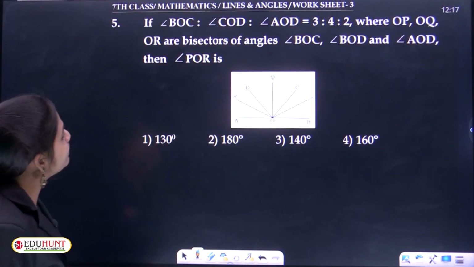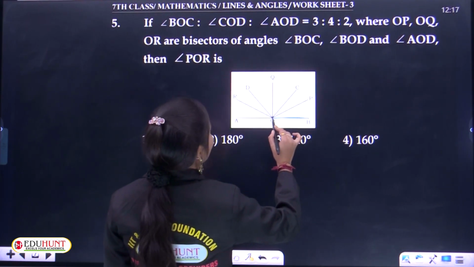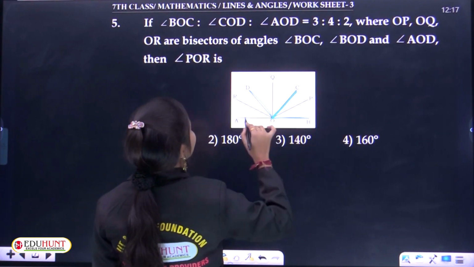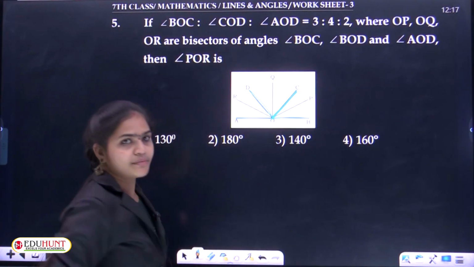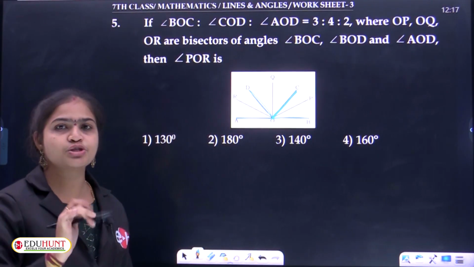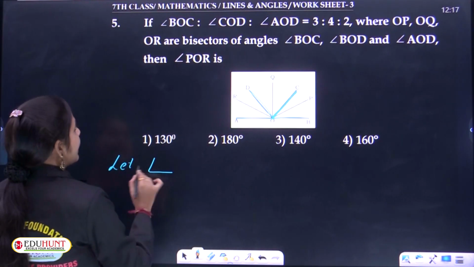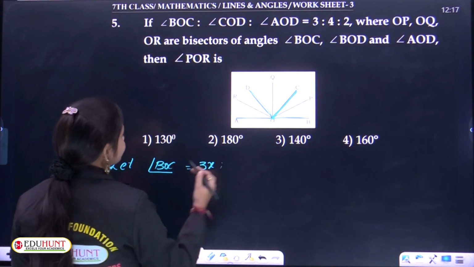Question number 5. Angle BOC and COD, next AOD. These 3 angles they have given in the ratio form. Now here see that. Let angle BOC be equal to 3x.